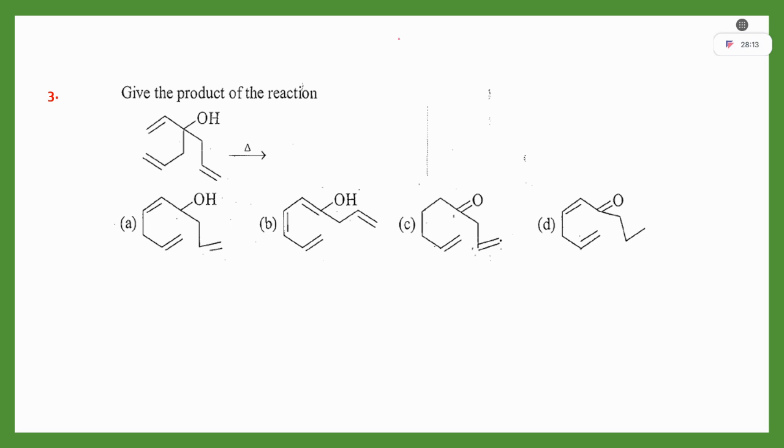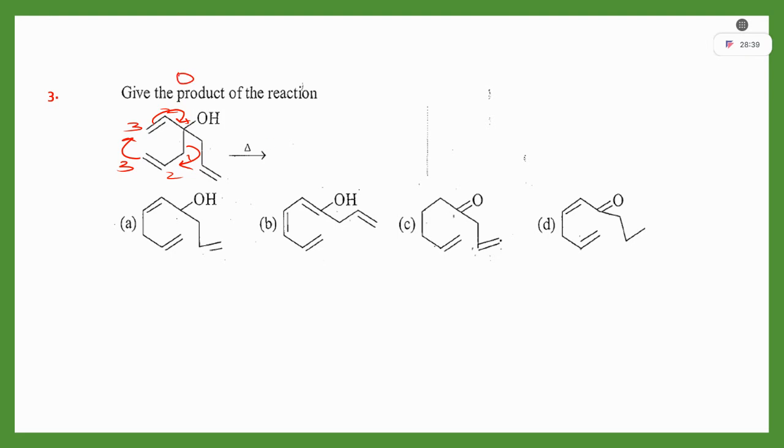I am solving here, and just write the answer in your chat box. So here, one, two, three, one, two, three. So basically, which type of rearrangement will it be? Cope or Claisen?